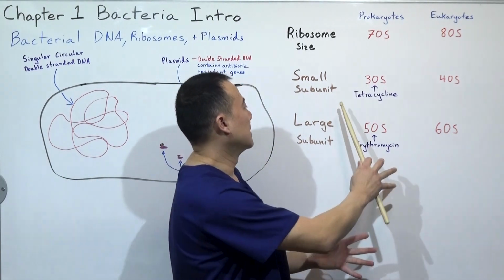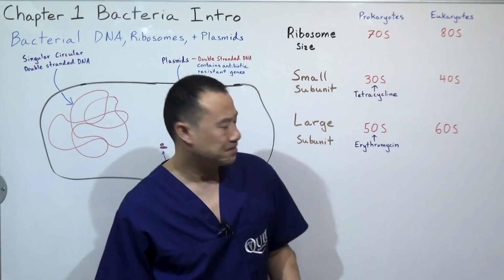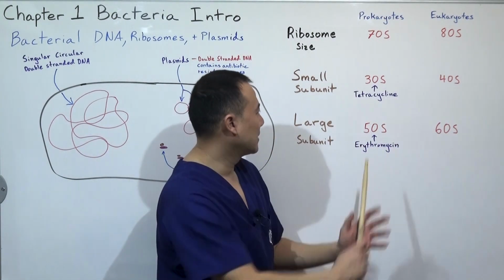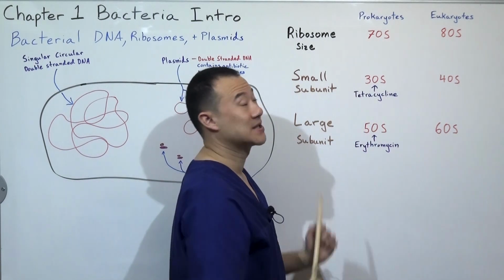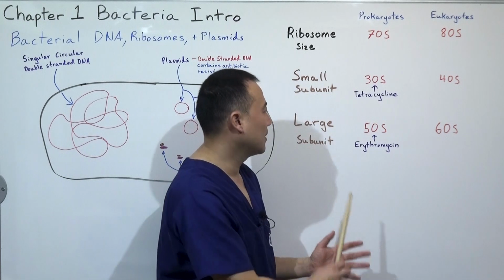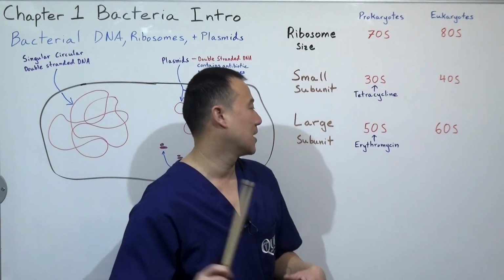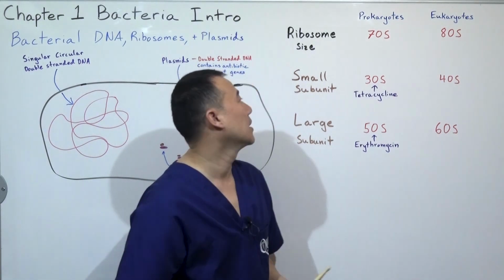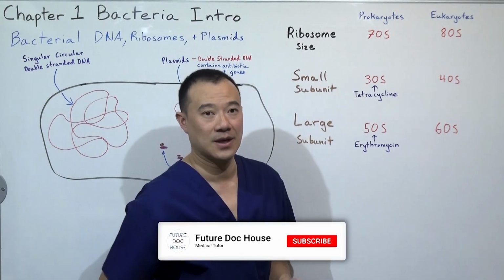Tetracycline. This class of drugs, tetracycline, attacks the 30S small subunit, okay? And erythromycin, this class of drugs attacks the 50S larger subunit of the bacteria.